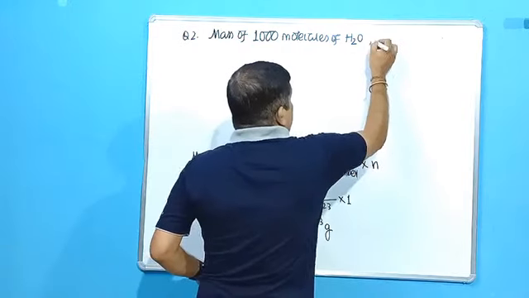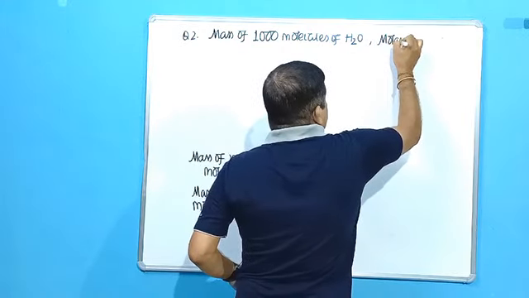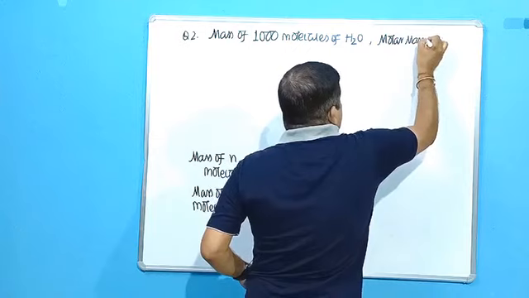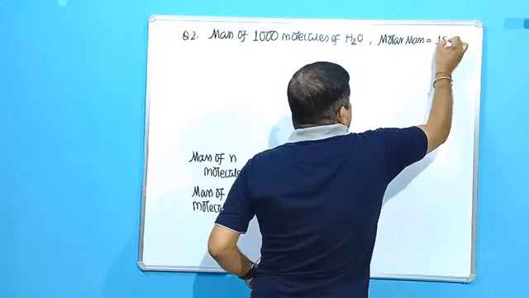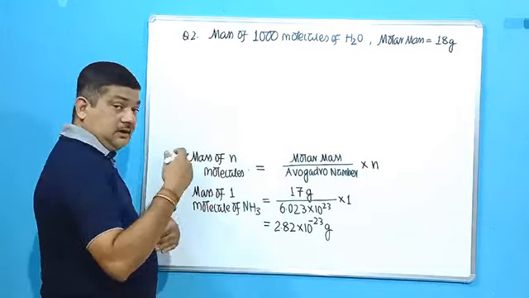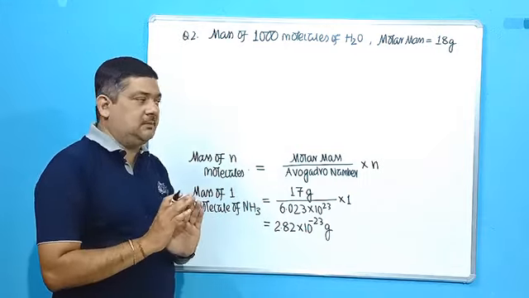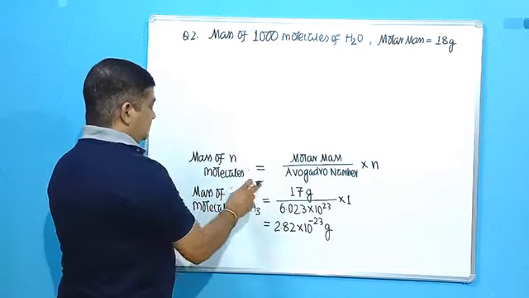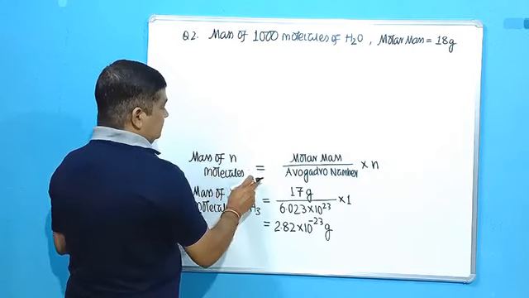Water's molecular mass is 18, so the molar mass will be 18 gram, or gram molecular mass will be 18 gram. Gram molecular mass is the same as molar mass, so don't get confused. What is the mass of 1000 molecules?